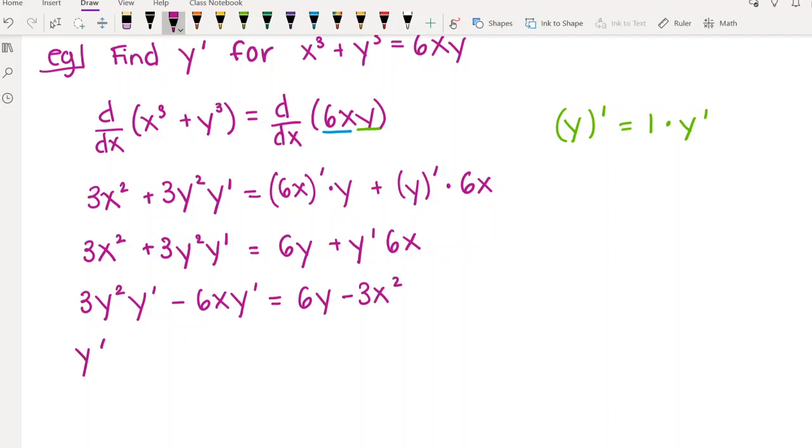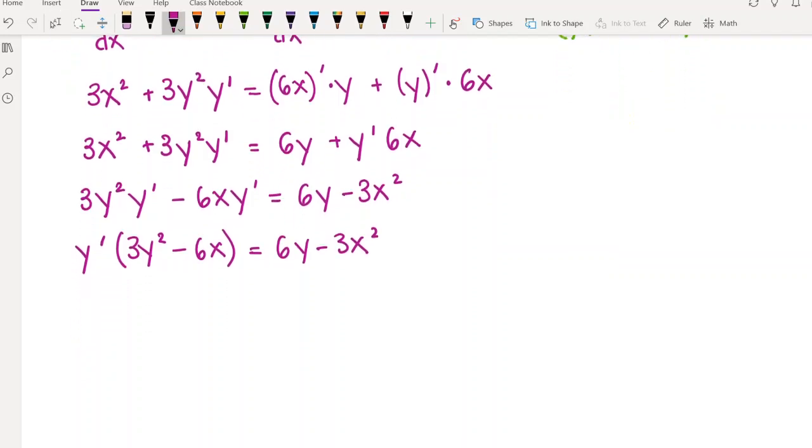Factoring out y prime, we have y prime times 3y squared minus 6x is equal to 6y minus 3x squared. And so this gives us y prime is equal to 6y minus 3x squared over 3y squared minus 6x.